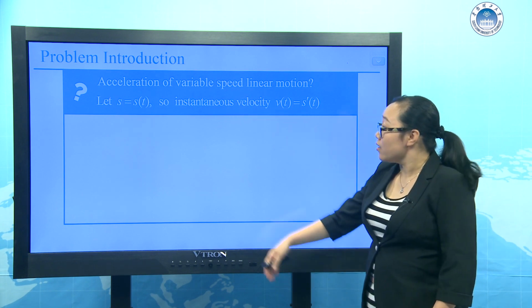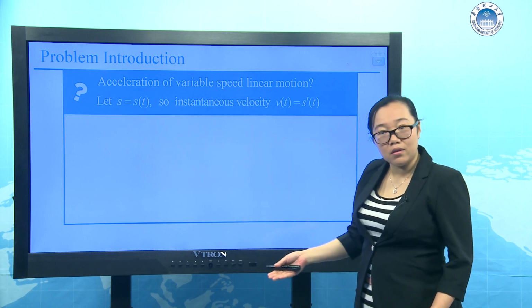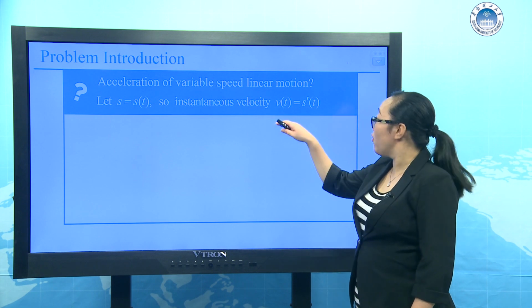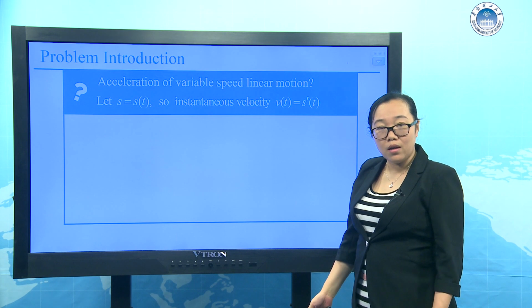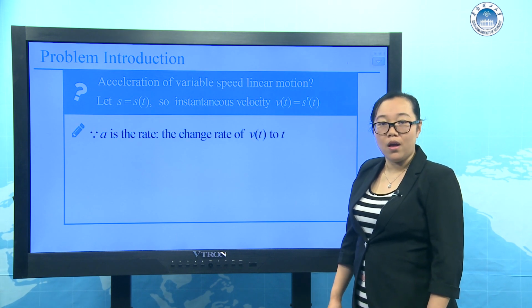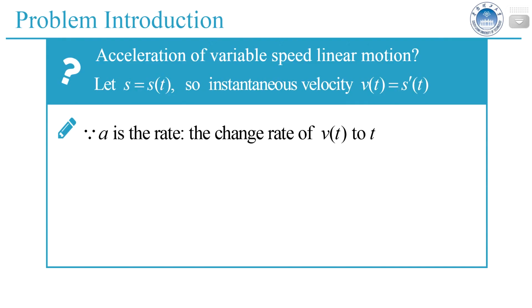We can write the distance function s equals s(t), and then the corresponding instantaneous velocity v(t) equals s prime t, and then how to get the acceleration. If a is the rate of change of v(t) with respect to t, then a(t) equals v prime t.